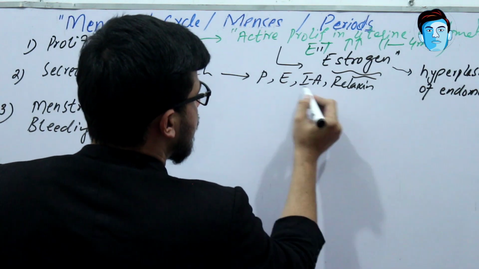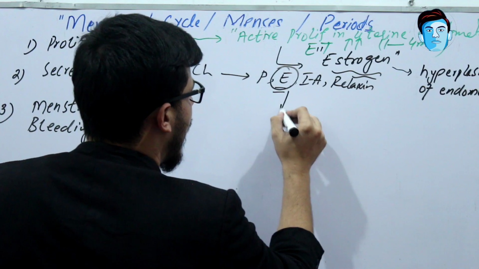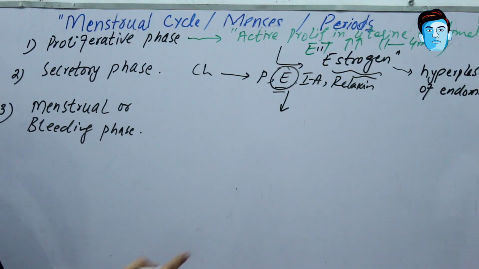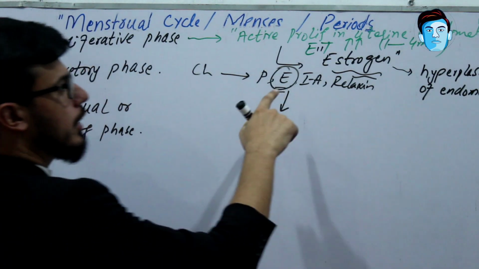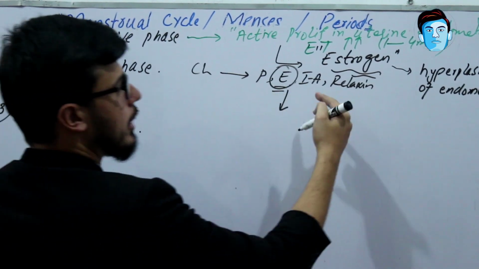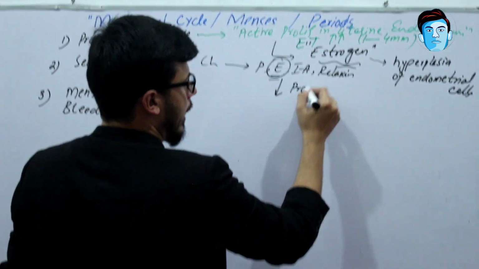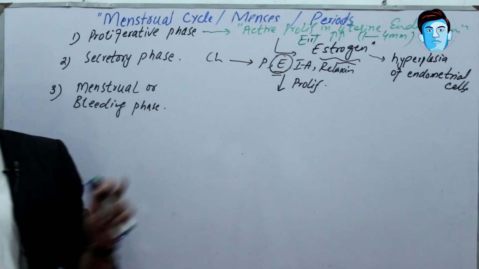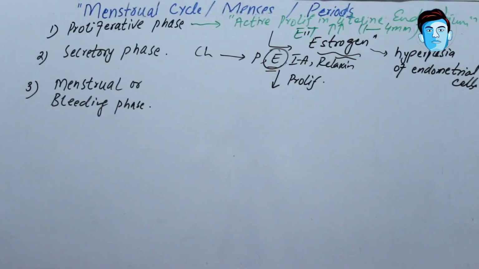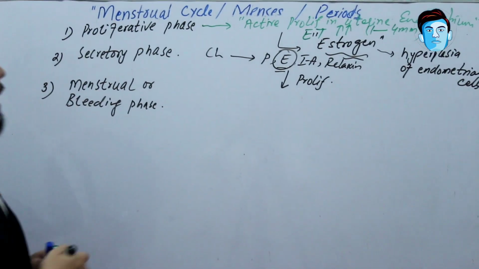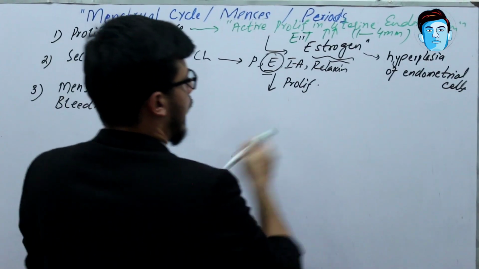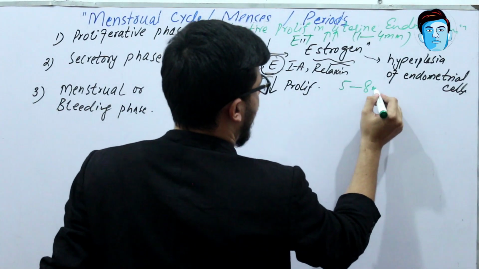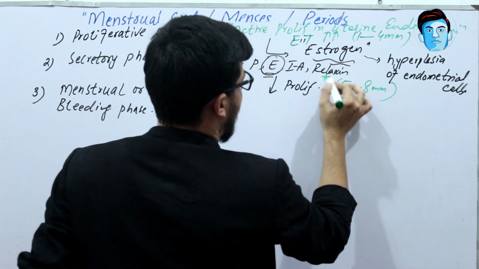Here this estrogen helps in the proliferation of the uterine endometrium. Now, the endometrial thickness is further increased up to 5 to 8 millimeter. So it is very important.